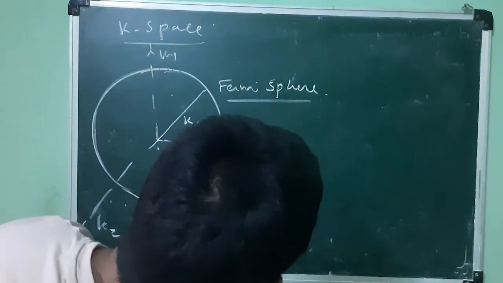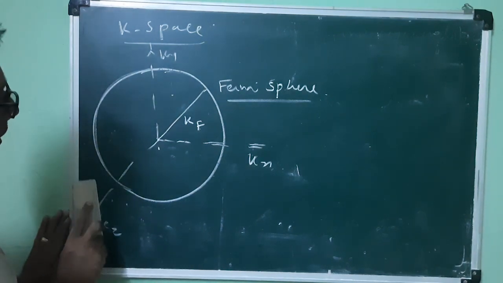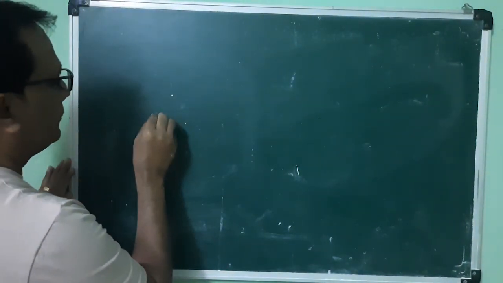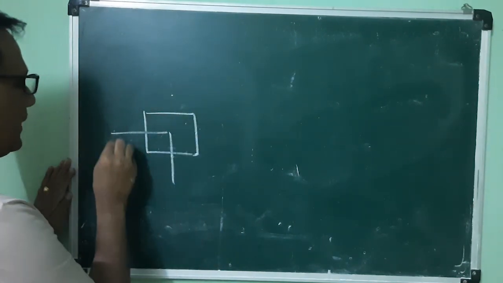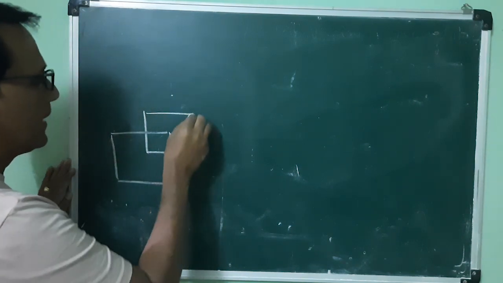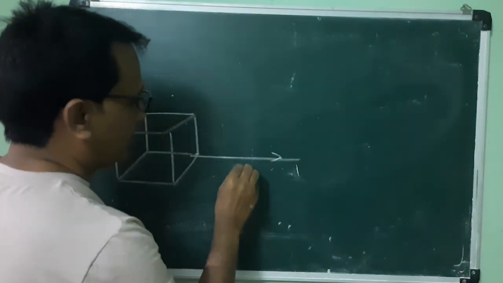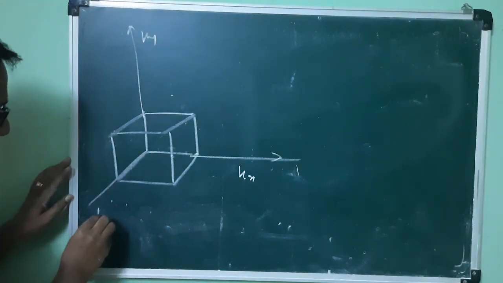So for a system, a single electron, let us make a separate diagram for that, and try to calculate the density of states. I'm using one small part of that k space, this small three-dimensional part, and this is along the x-axis, this is kx, and this is ky, and this is kz.